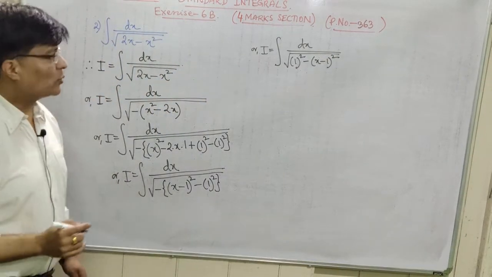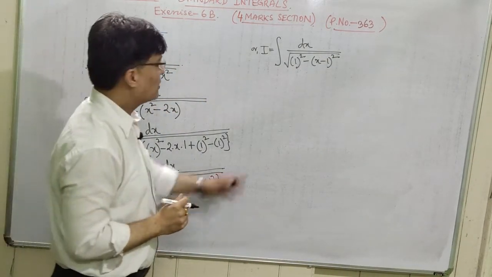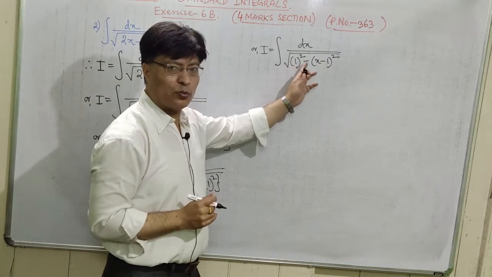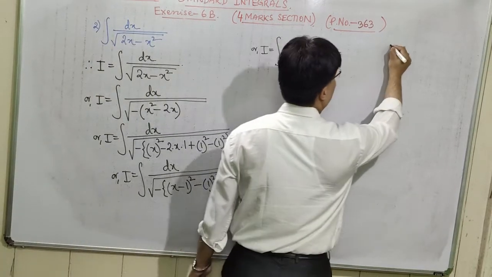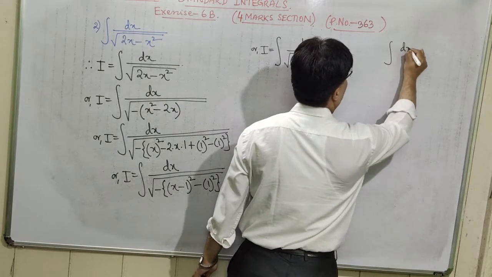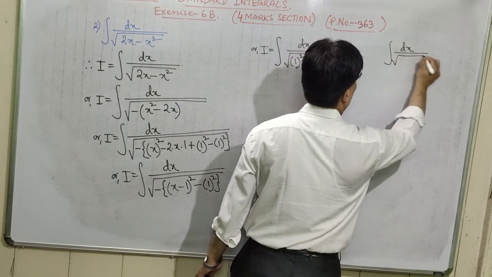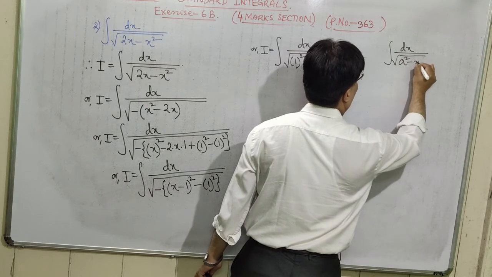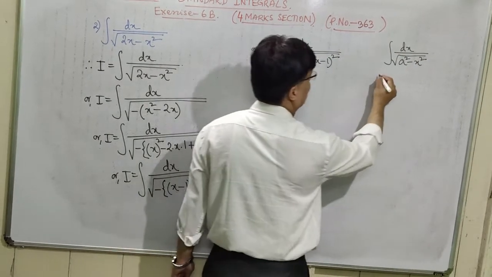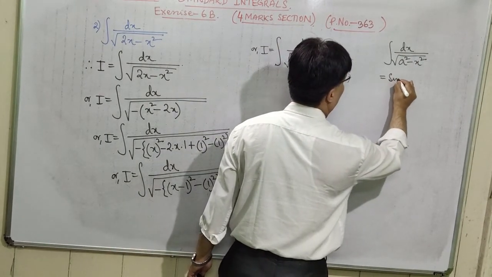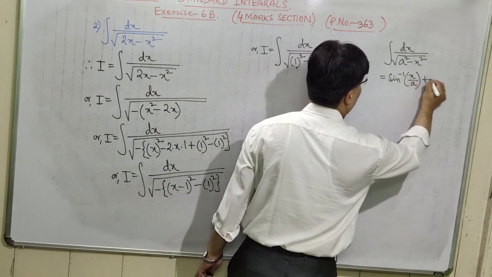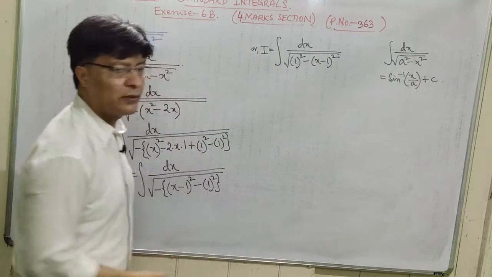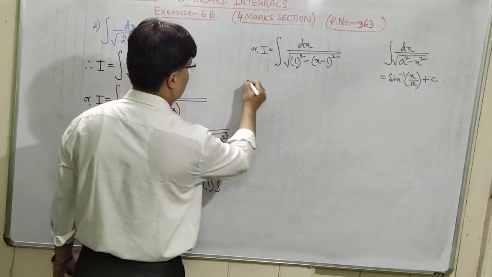Now in this case the value for a is 1, and the variable x minus 1 is taken as x. So which formula is used in this case? It is integration of dx divided by root over a square minus x square, which is the sixth standard form, that is sine inverse x upon a plus c. So we can use the formula in this case.